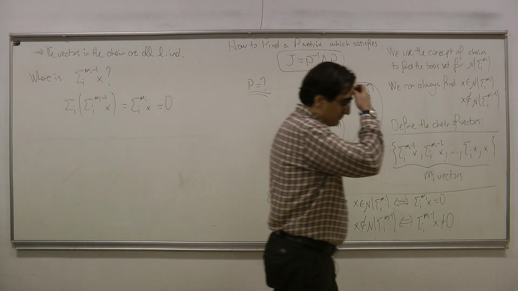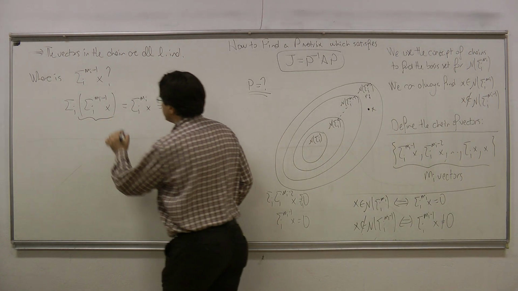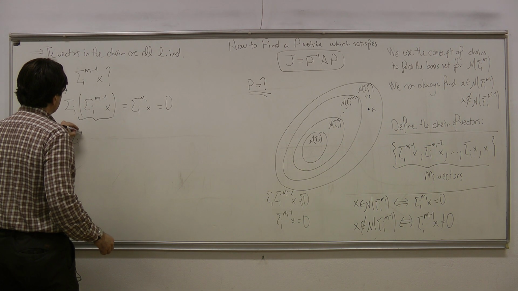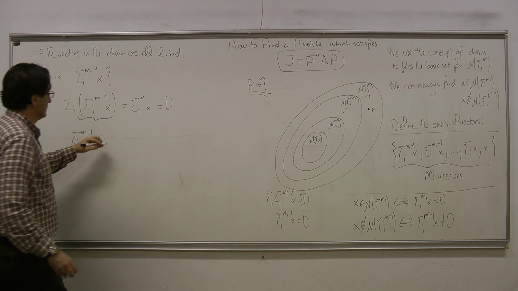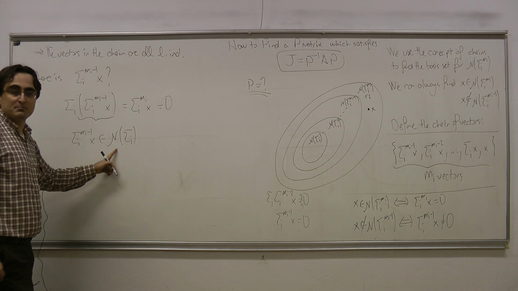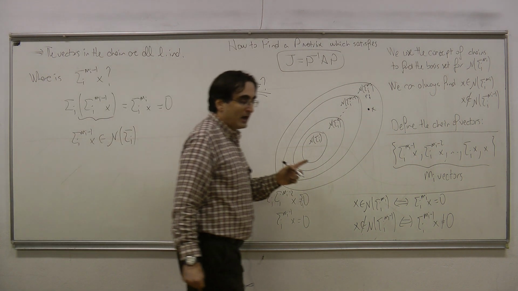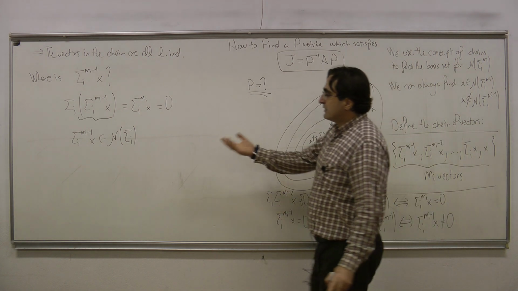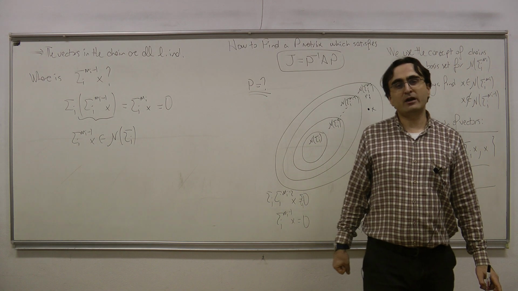Okay? So then what can you say about this first vector, sigma I to the mi minus 1 times x? It should be inside the null space of sigma I. But this is my eigenspace. Null space of sigma I is null space of A minus lambda I identity. And any non-zero vector in this null space would be an eigenvector.